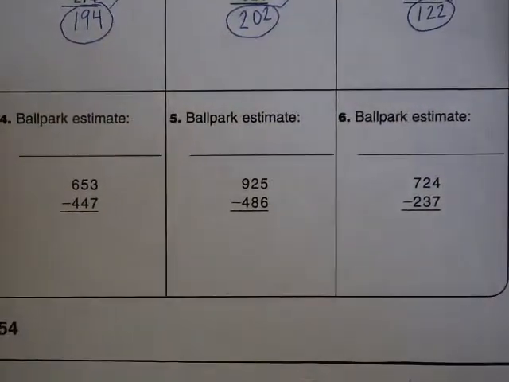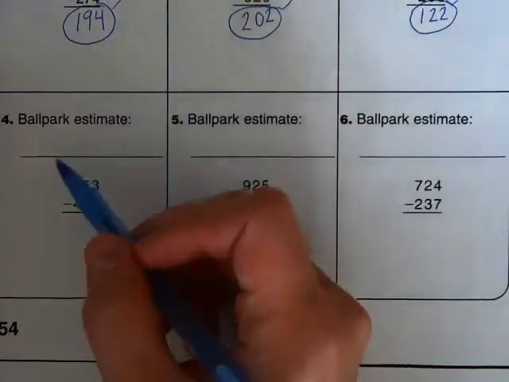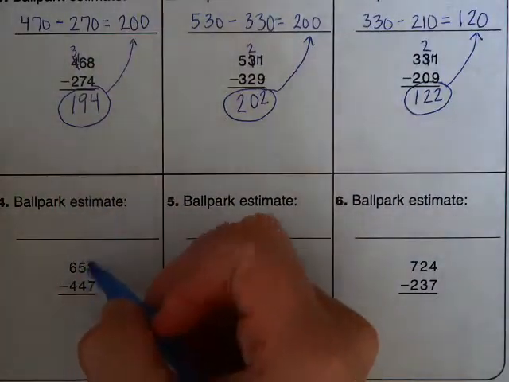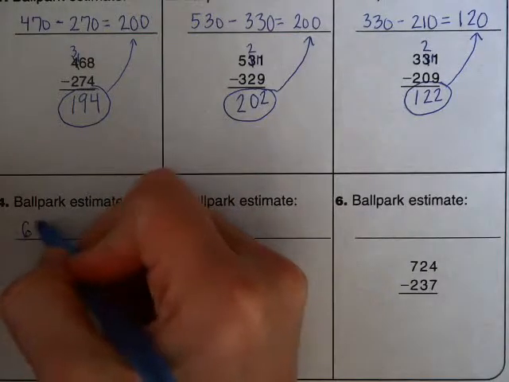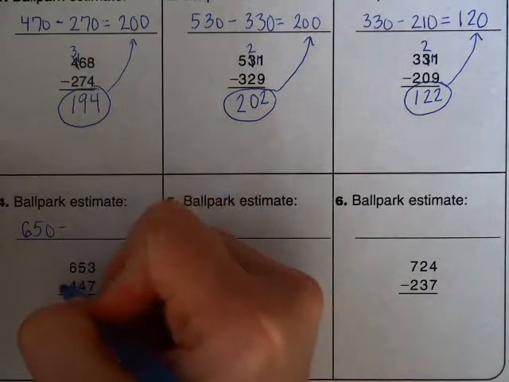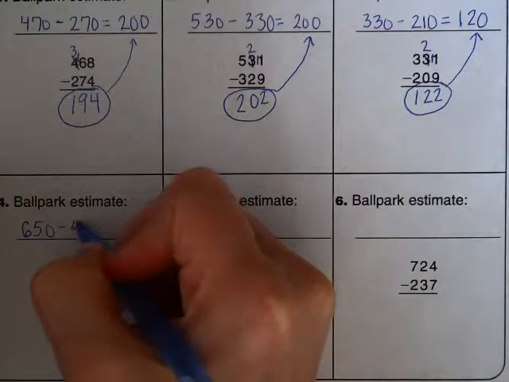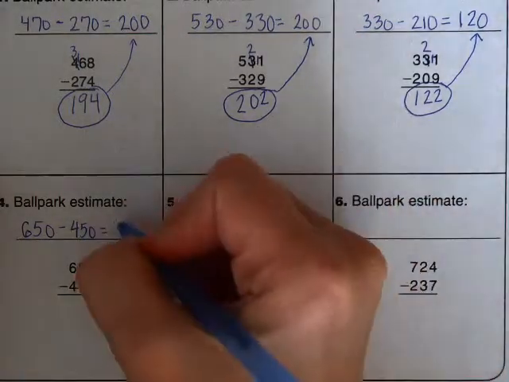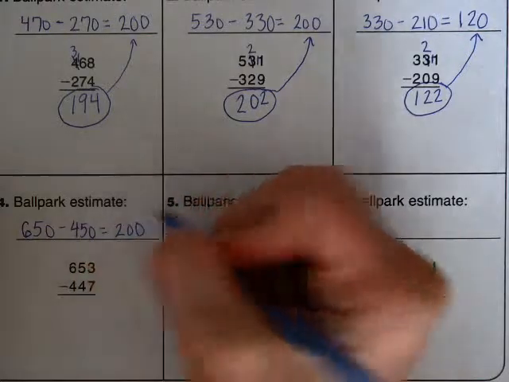Alright, next, number 4. Move it down just a little. Okay, number 4. 653, we're going to round down to 650. Minus 447, we're going to round up to 450. 650 minus 450, that's 200.